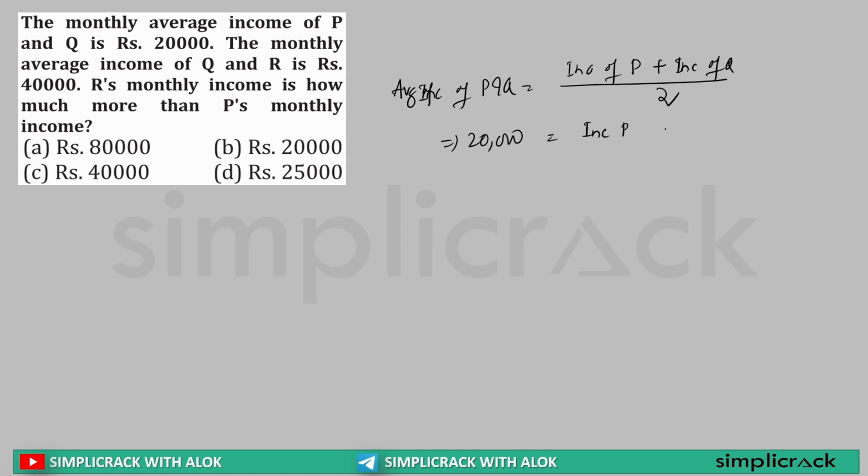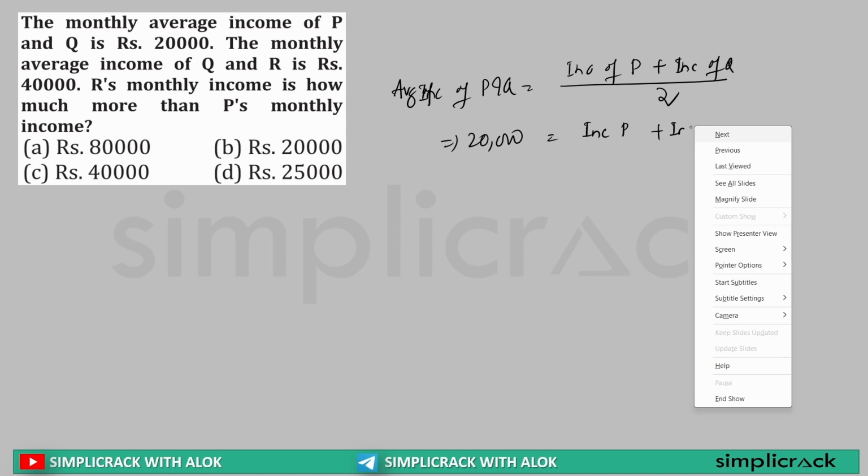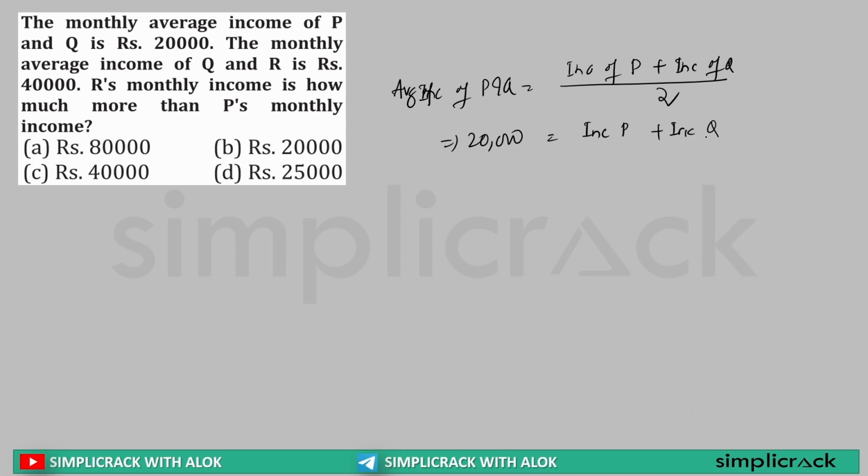So this 2 will multiply here. So sir, income of P plus income of Q is equal to 2 into 20,000, that is 40,000. Yes or no? Yes. Sir, it is saying the average monthly income of Q and R is equal to 40,000.